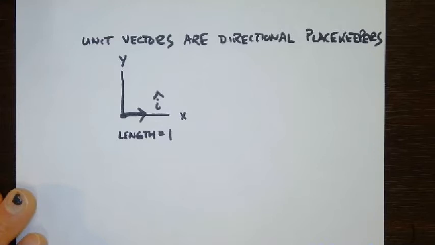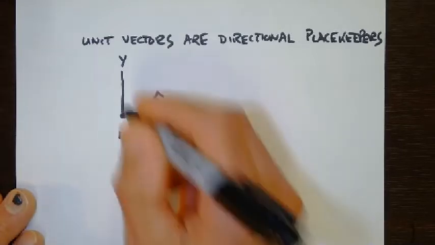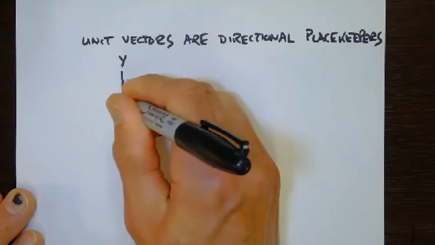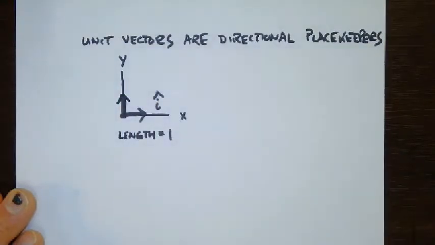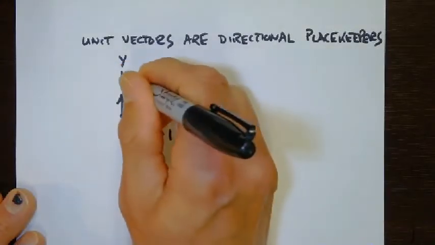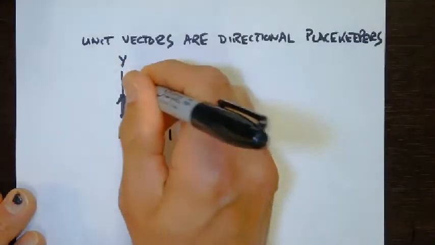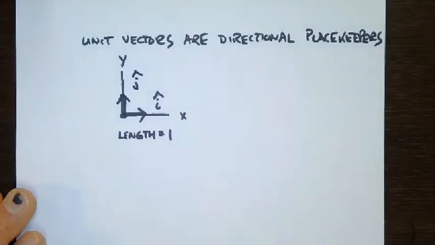Seems kind of strange, but that's what it is. In the y direction, you have the same thing. You can imagine a vector that's 1 unit long. And this vector is called a j hat vector, or just a j vector. And so these are directional placekeepers.